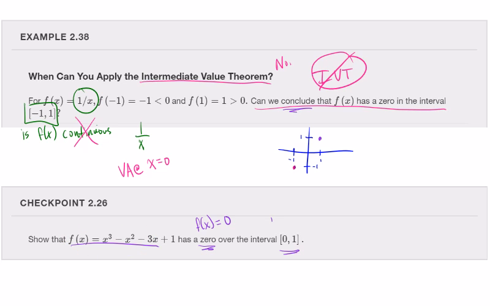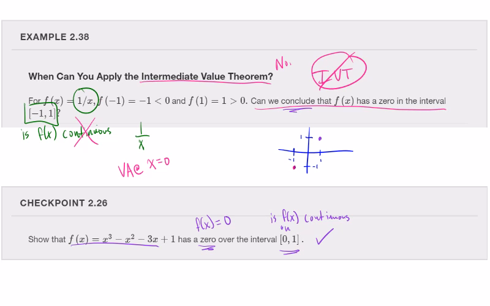So is f of x continuous on that interval? And the answer is yeah, this is a polynomial. This is continuous everywhere. So the answer is yes. Okay, so that's a check.